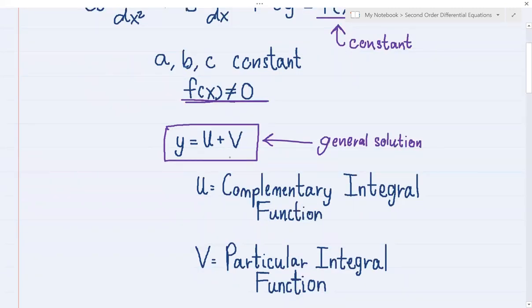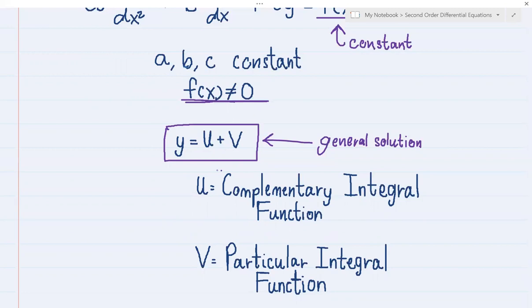All right, so for your u, it's mentioned that this is your complementary integral function, right? So basically, guys, you're going to get your u by applying what you have learned in your second order homogeneous differential equation.